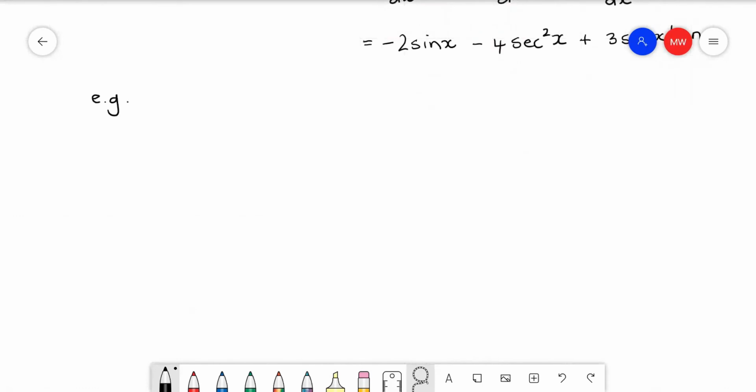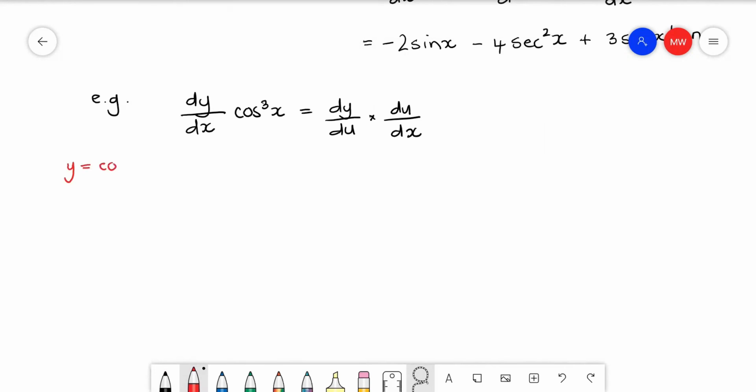The next example is a bit more tricky. So I want to find dy dx of the function cos cubed x, which is going to be equal to dy du times du dx, and I'm going to explain that now. We are going to say that y is equal to cos cubed x, and replace the cos x with a u.